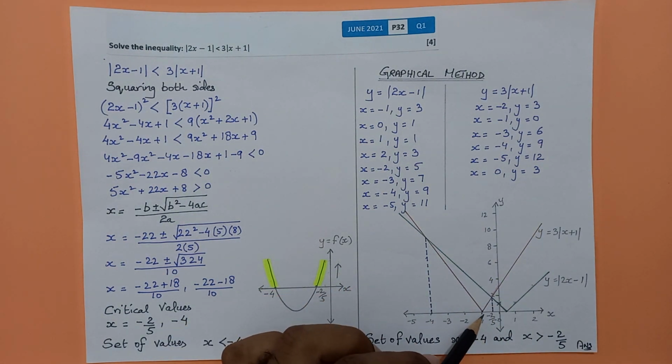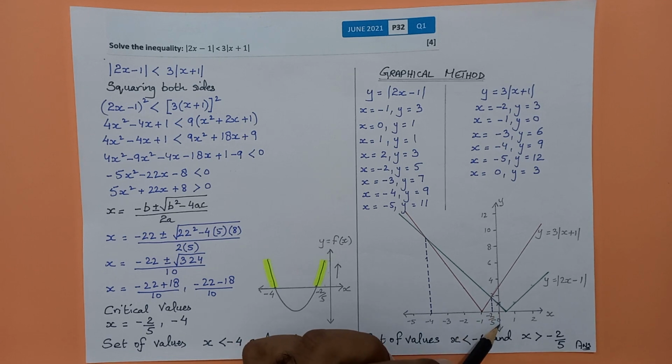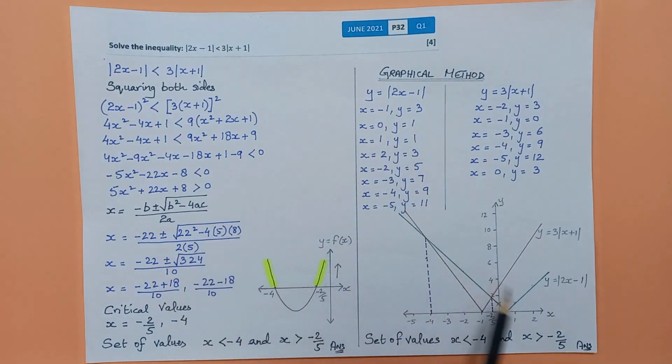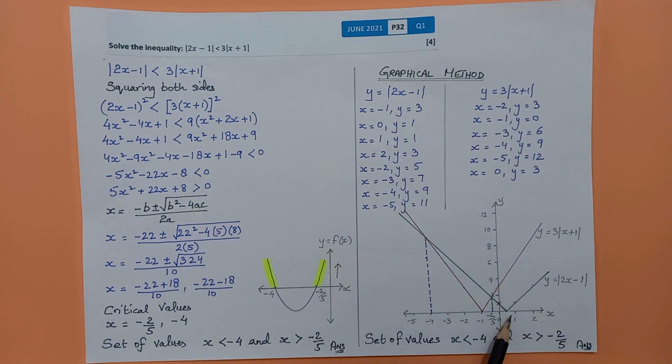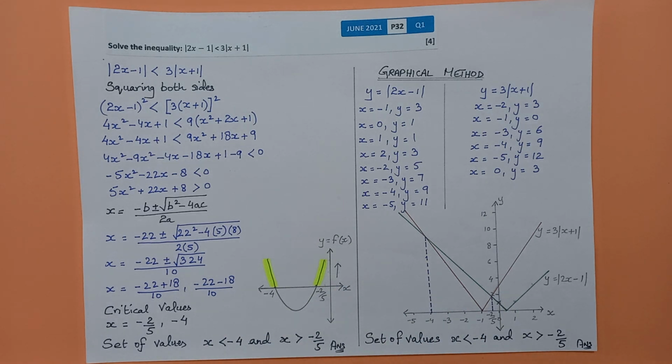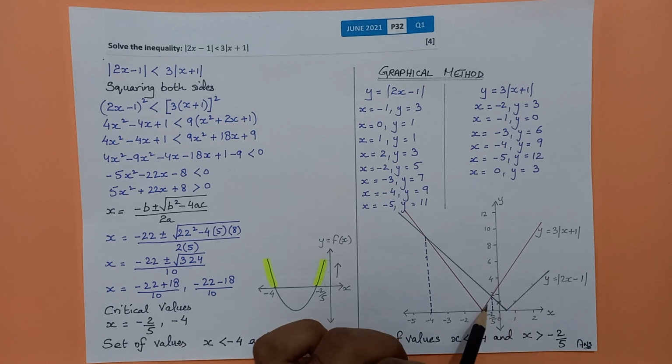It is not going below the x-axis, because below the x-axis y is negative, and modulus is never negative. That is why both graphs just touch the x-axis and bounce back, because on the x-axis y is 0, and the value of a modulus can have a minimum value of 0.